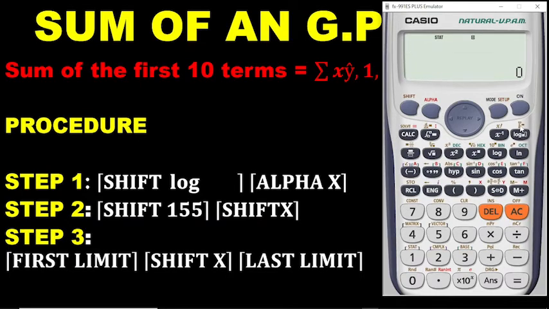To get this particular function, you must first press shift, then you press this. So we have shift, and then log, and you see that we have the summation sign there. And then the formula, we have x, written in red. To get that one, you press alpha, and then you press x.